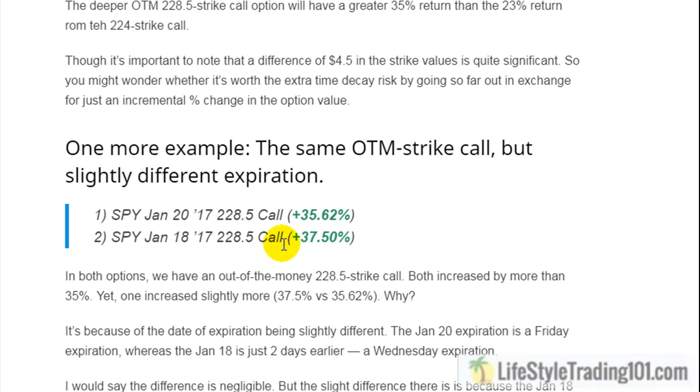So the difference is not due to the strike price, because they're both out of the money at the 228.5 strike. The difference is one's Wednesday and the other one's Friday. The Wednesday one's going to explode a little bit more than the Friday one. Why? Because the expiration date is a little bit closer to where we are. So in general, the shorter dated option will have more gamma, they call it. That's an option Greek, gamma.